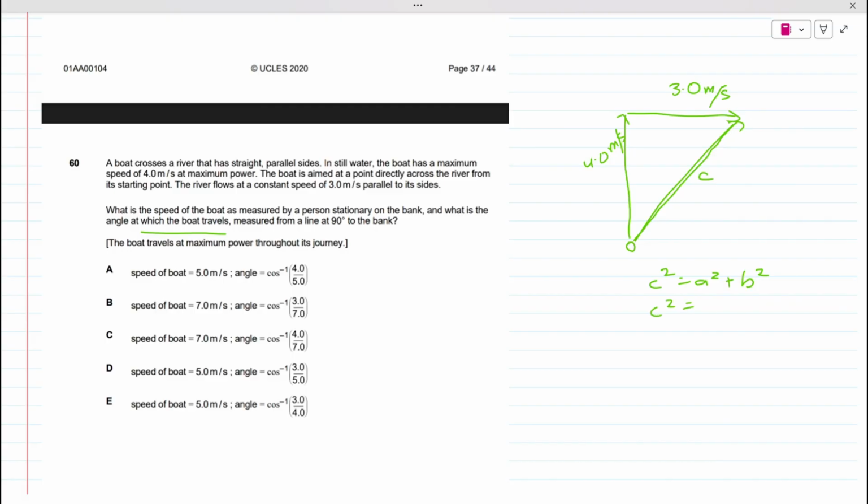The base we have is this, and this we have as the perpendicular, right? Perpendicular is written with b and base is written with a, right?